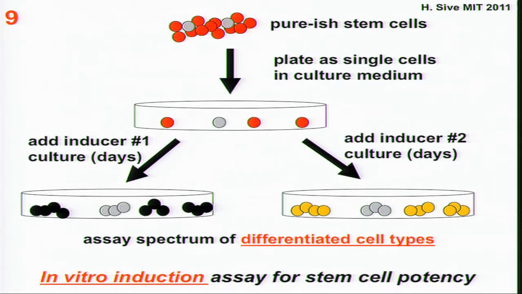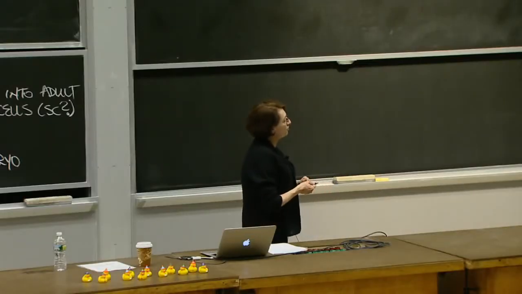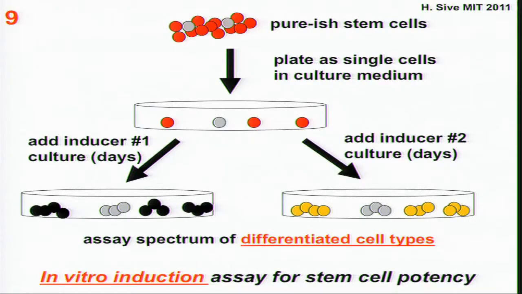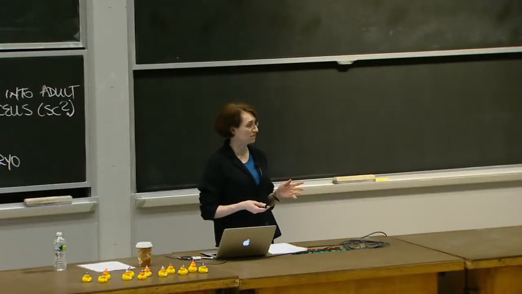And you remember a couple of lectures back, inducers are just ligands for various signaling systems. You might add fibroblast growth factor to this one and retinoic acid to that one. And then you ask what happens to the cells. They will go on, in general, to differentiate into different cell types. And depending on what they differentiate into, you can say something about the potency of these putative stem cells. You can't test if they're really stem cells, but you can say something about their potency.